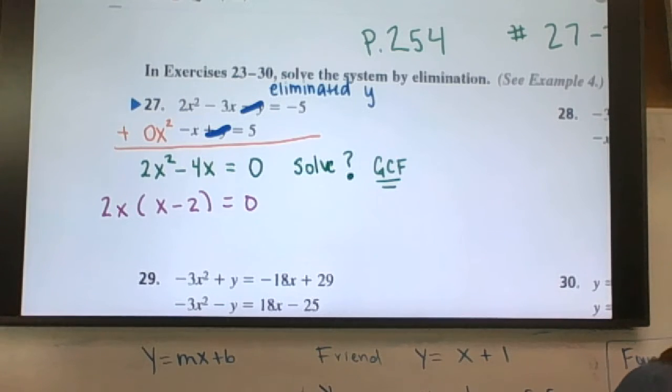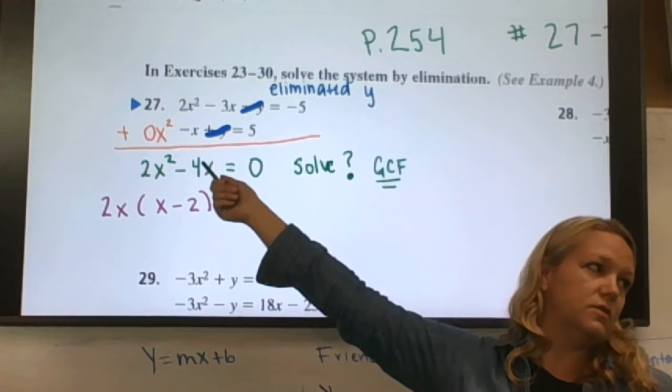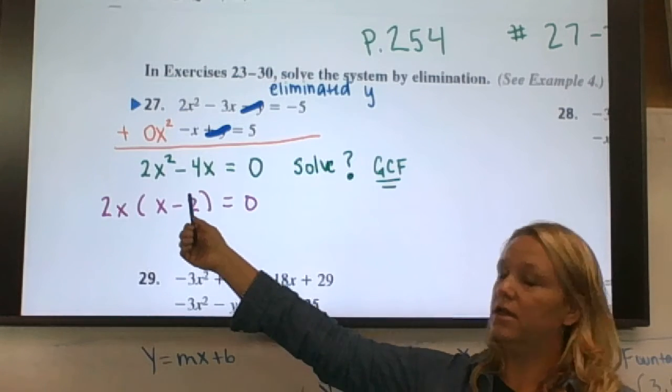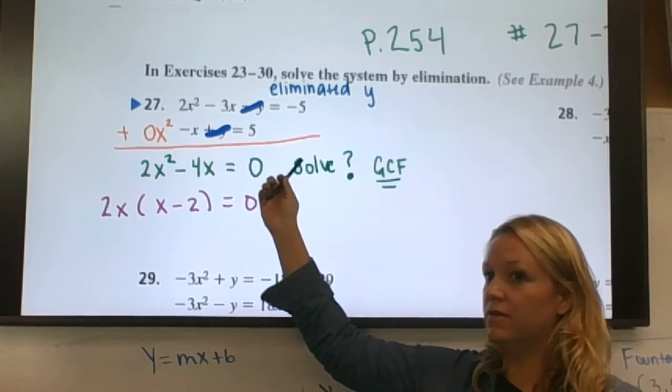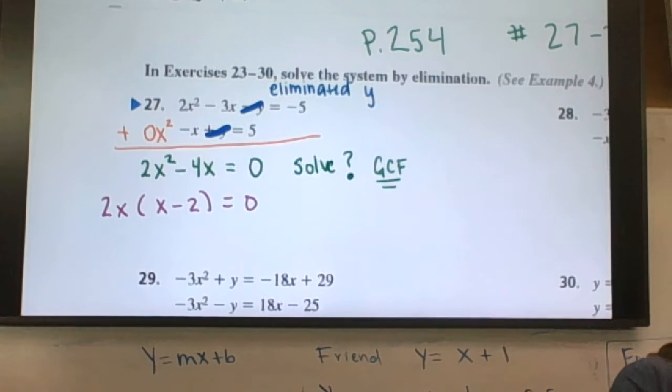If you don't like that, you are welcome to try the quadratic formula with this. The goal is to find an answer. So if you're not good at factoring, you can do the quadratic formula for all of them.